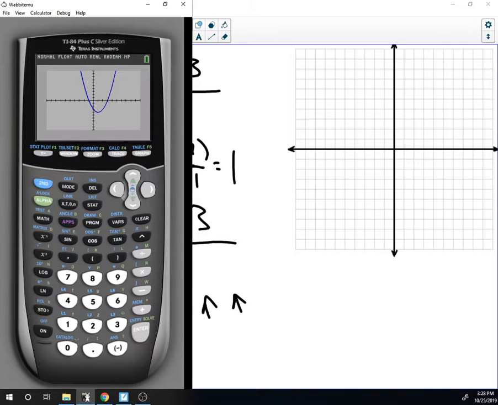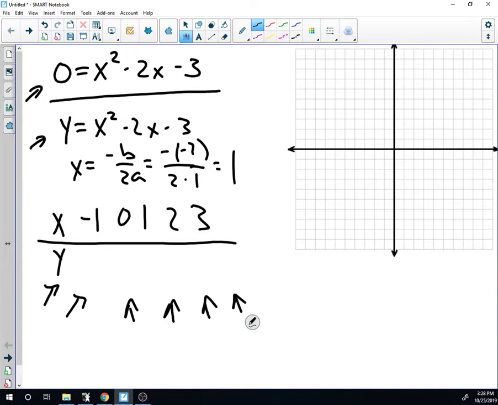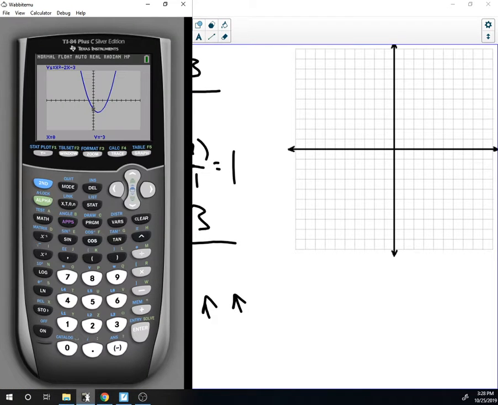My trace function, when x is 0, y is negative 3. So now I need some more of those values. When x is negative 1, y is 0.